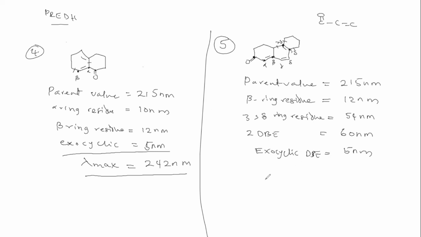So the homoannular diene component, we have one. So you add everything together, and it's going to be the lambda max.